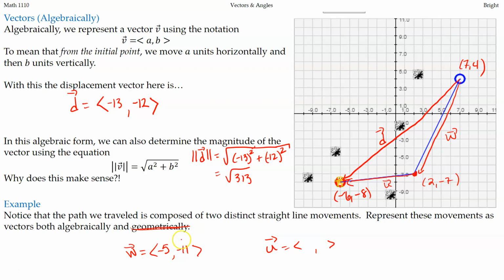Another way of doing this is, for the x-coordinate, you could do final minus initial, so 2 minus 7 to get -5, and then for the y, you can do -7 minus 4. Similarly for U, you're going to get -1 in the y, and then -8. Those are the answers that I got. Check and confirm that those are what you got.